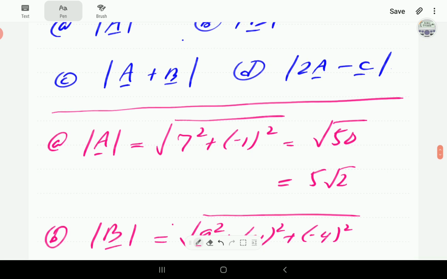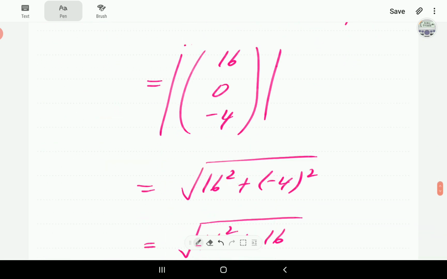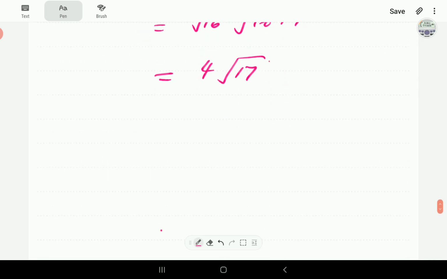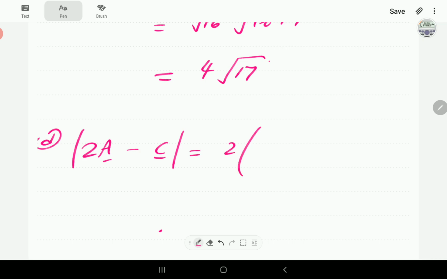For the last example, we got 2A minus C. First of all, we're going to multiply A by a scalar 2: (7, minus 1, 0) times 2.